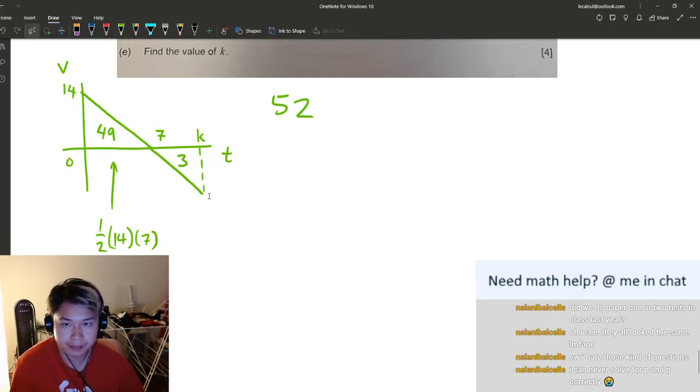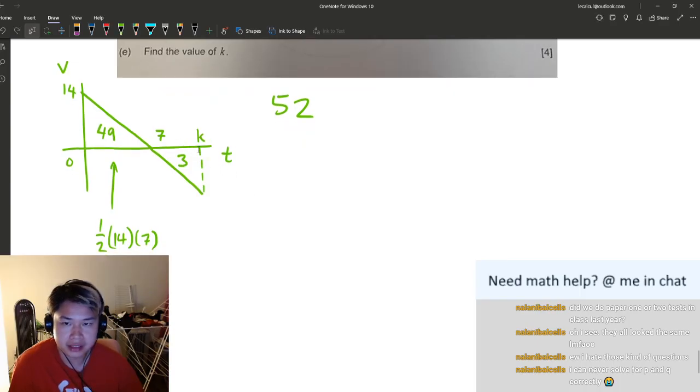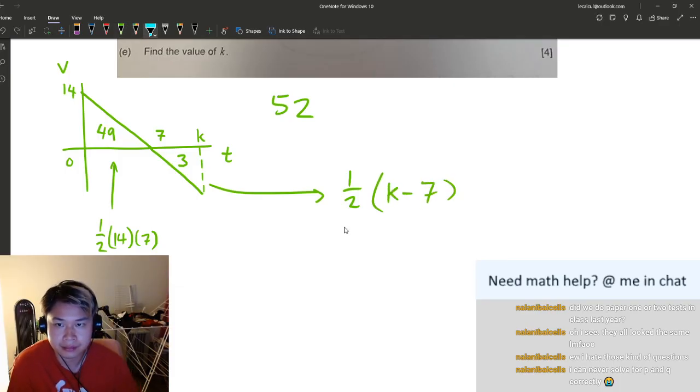Now, how do we calculate this area? I know that this is 1/2 the base, and the base is the distance from k to 7. So that's right here. And then we also need to know the height.